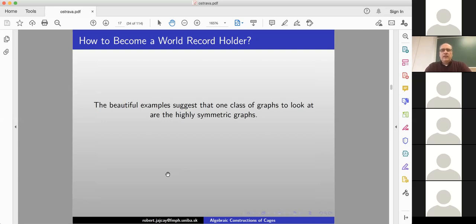Okay, so again, this is a meta principle, but it's a good one. So we have a very hard problem and a very large class of graphs, and we have some examples of successful graphs. So we look at the examples and try to learn which properties make them successful, and then we search for the best graphs within this more limited class of graphs.